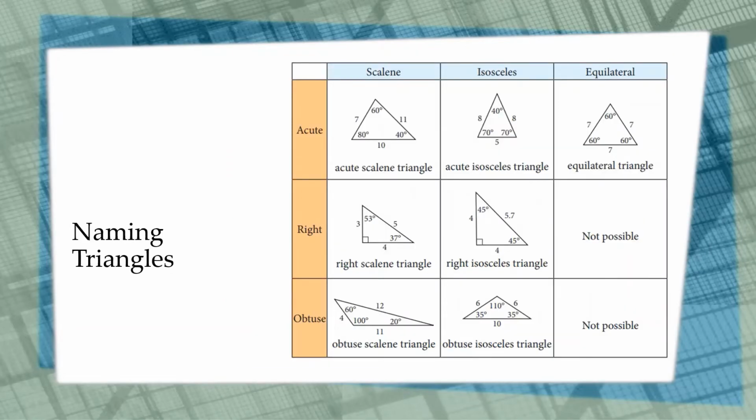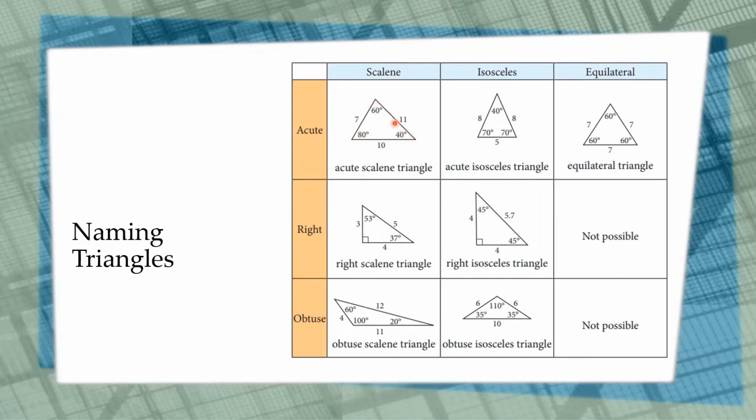So what this means is that a triangle may have more than one name, and that is not an uncommon thing. We also have nicknames as people, so it makes absolute sense if some of our polygons or shapes also have nicknames. Alright, let's look at this first triangle right here.